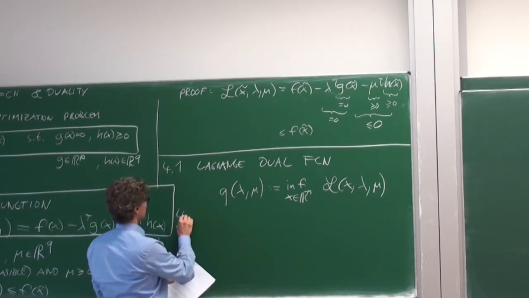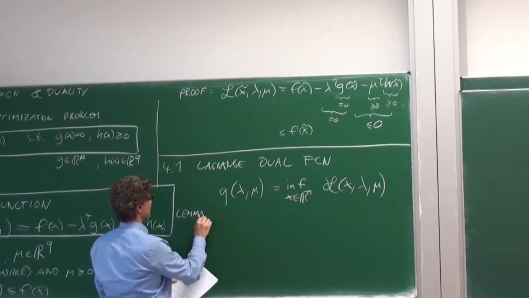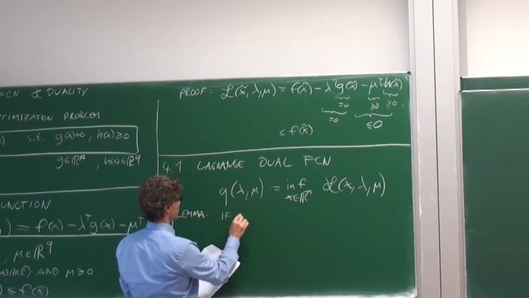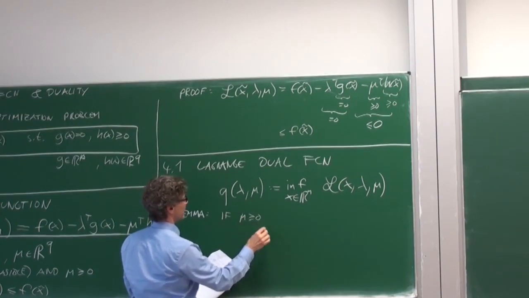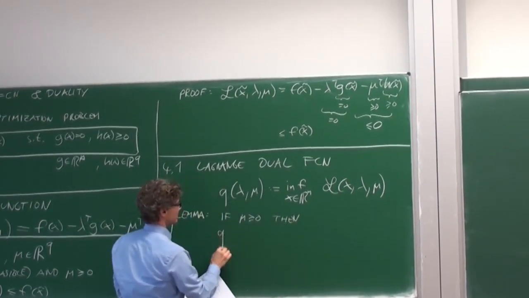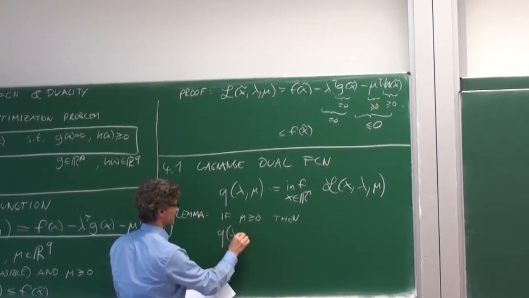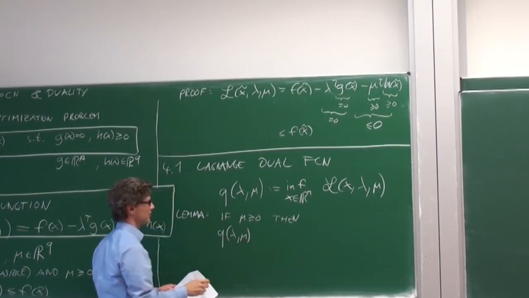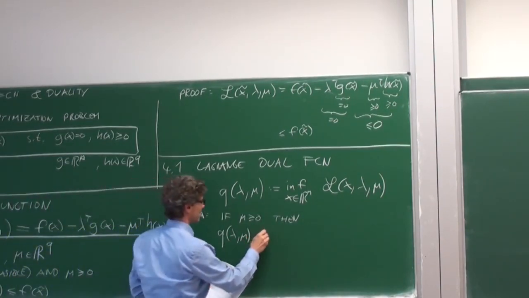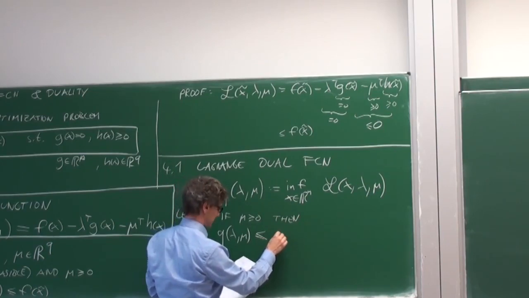What we would easily have, for example, is the following lemma. If the mu is bigger than or equal to 0, then, of course, for any other value of lambda, it doesn't matter what lambda is, this Lagrange dual function, because it minimizes over all possible x, can only be smaller than p star.